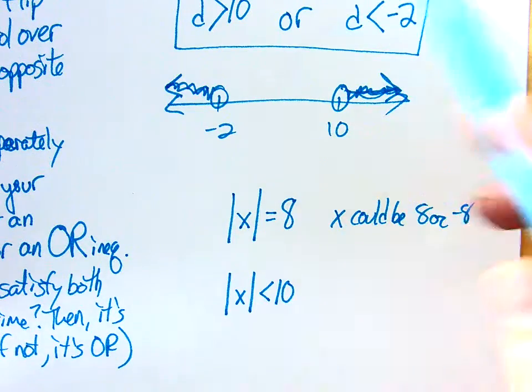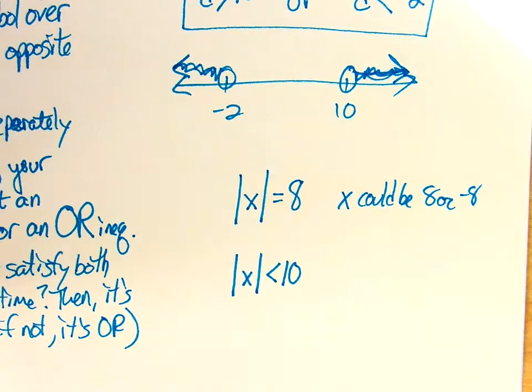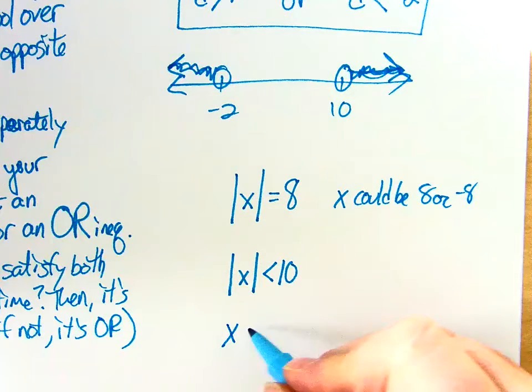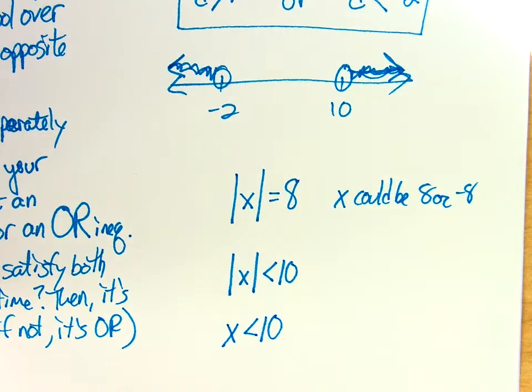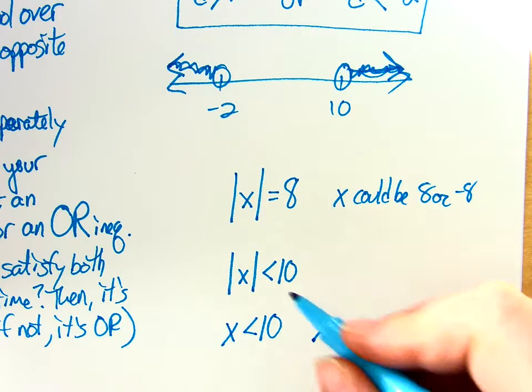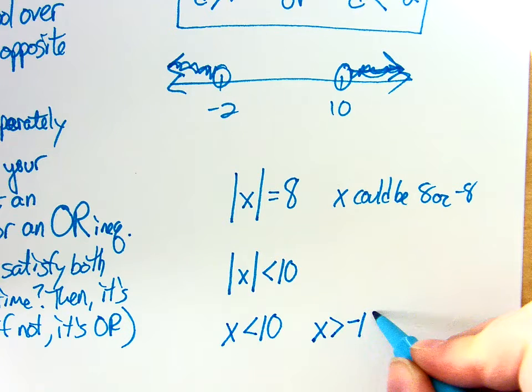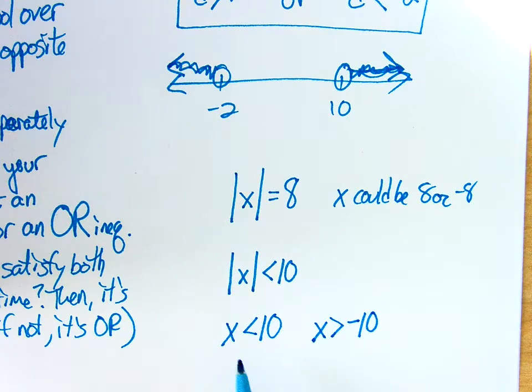So here's what we have. If I follow the steps that I talked about up here, right? If I rewrote this twice, once just like I saw it, without the bars, but then the second time you rewrite it, you flip the symbol over and make this negative. Now let me ask you, are there numbers that are less than 10 that are also greater than negative 10?